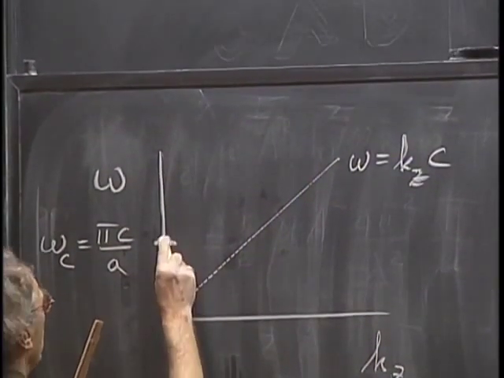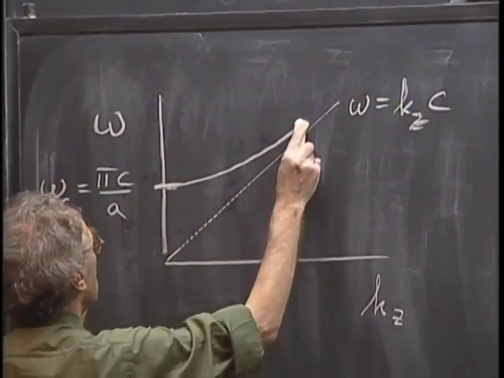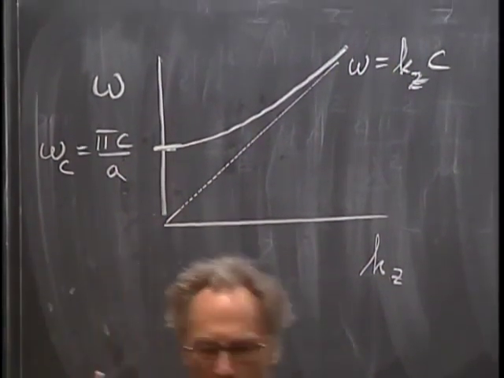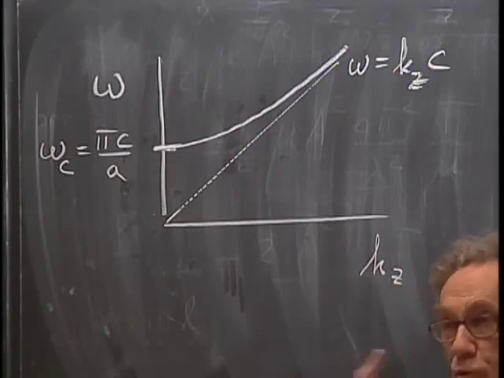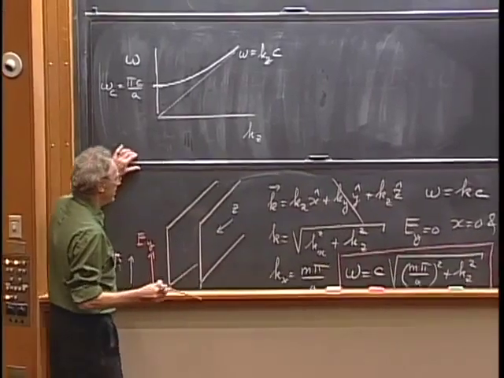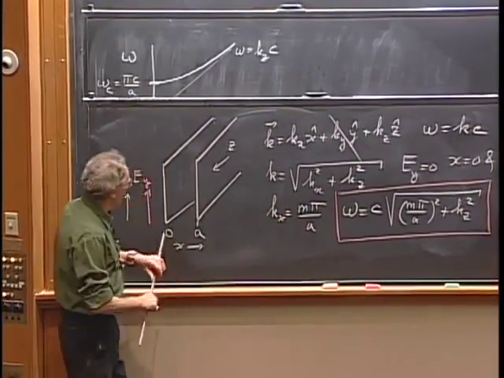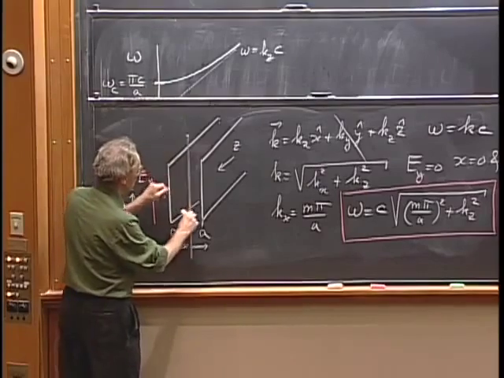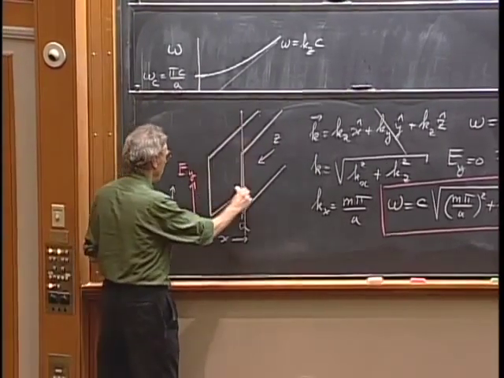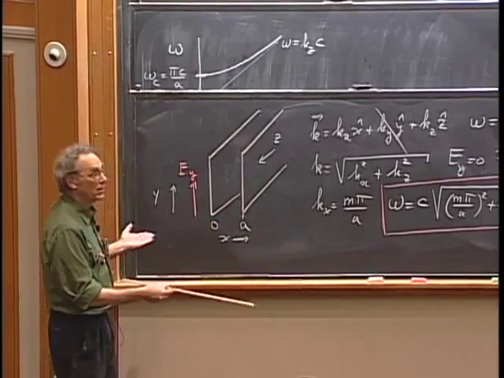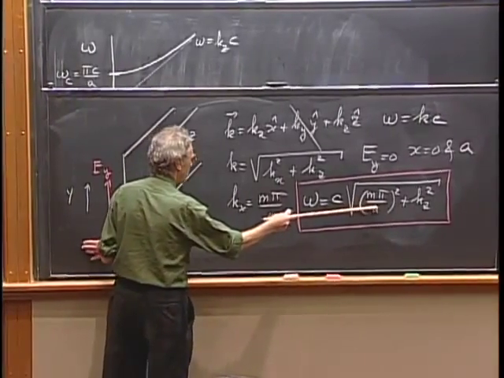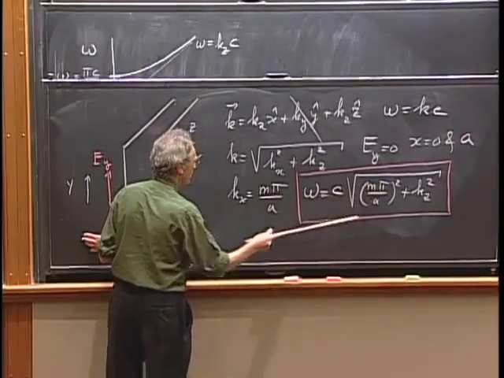And if I plot that curve, you get something like this. No frequency below that value can propagate through the gate, so to speak, through the opening, because it cannot meet the necessary condition that the E field becomes 0 here and 0 there, which is non-negotiable. It has to become 0 here and 0 there because it's an ideal conductor. So kx must obey this boundary condition.